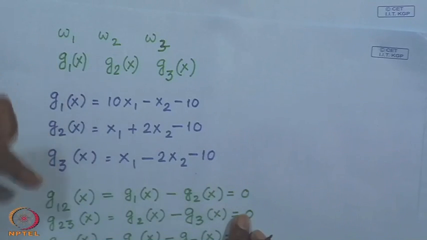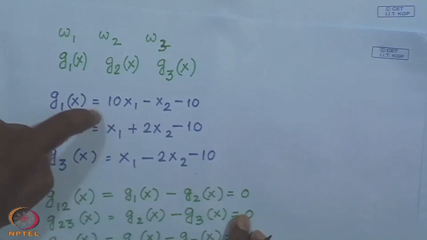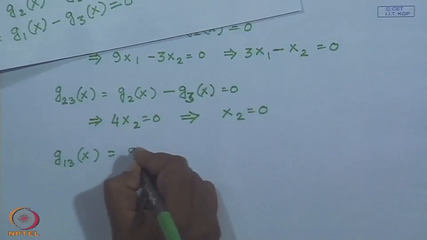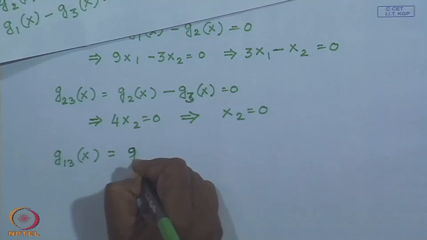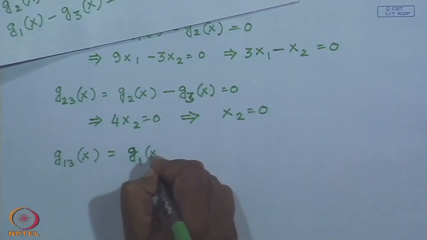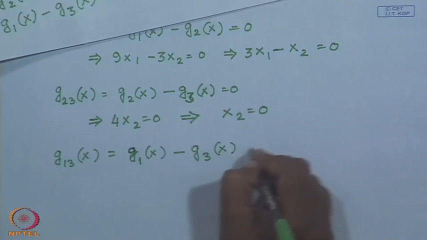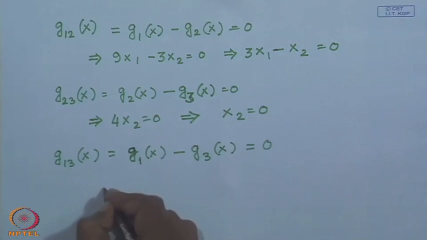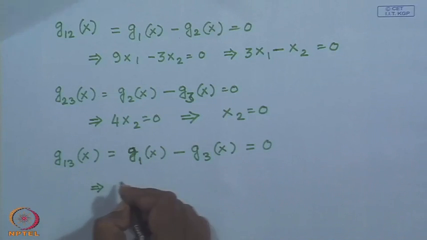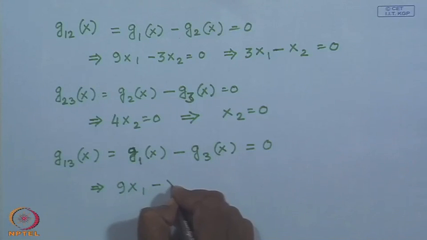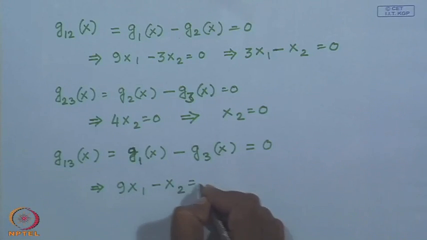When I subtract, what I get is 9x1 minus x2. I have to equate this to 0, which gives me 9x1 minus x2 equal to 0.